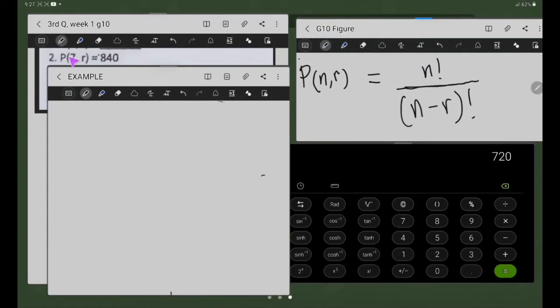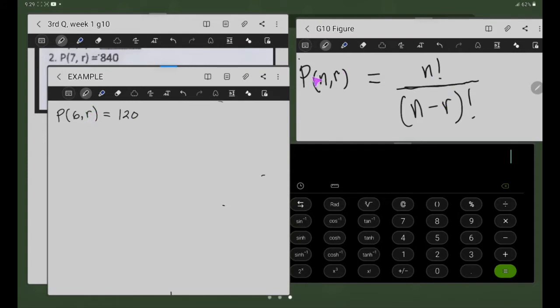Okay, ito number 2. Bigyan natin ng example. Permutation of 6 things taken r at a time equals 120. Find the value of r.